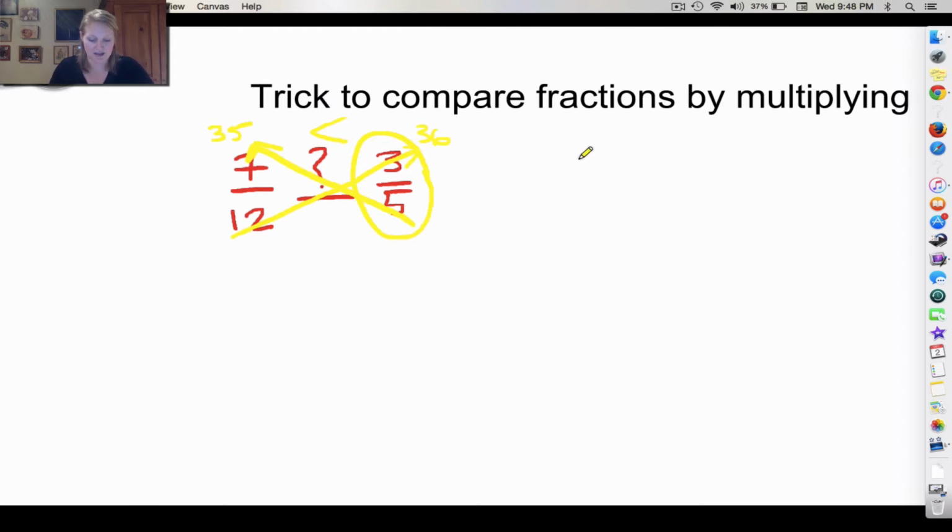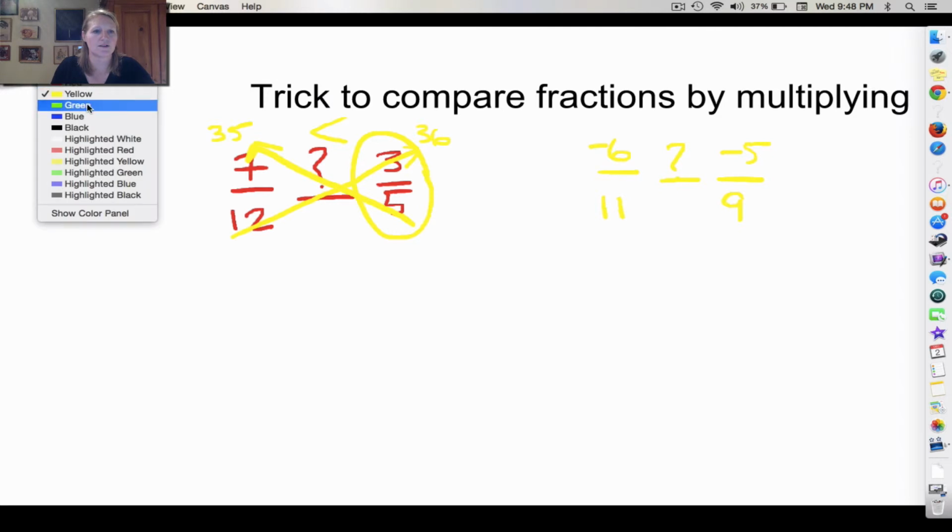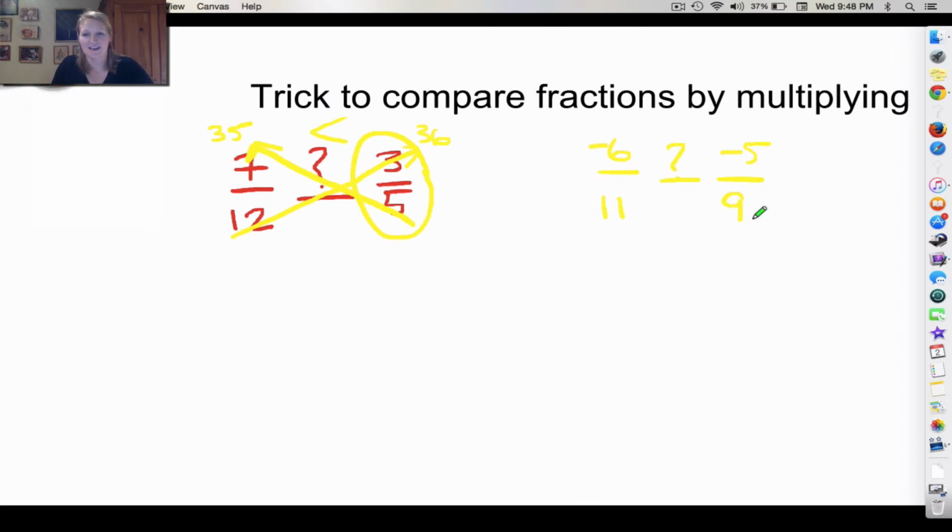So let's try another example. Negative 6 over 11 versus negative 5 over 9. So what is it, right? Well, that's the big one. And then 9 times negative 6 is a lovely negative 54. 11 times negative 5 is negative 55. And so again, the right side is just coincidental.